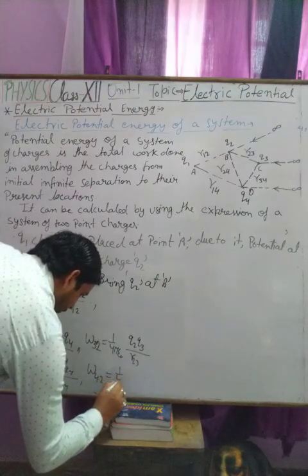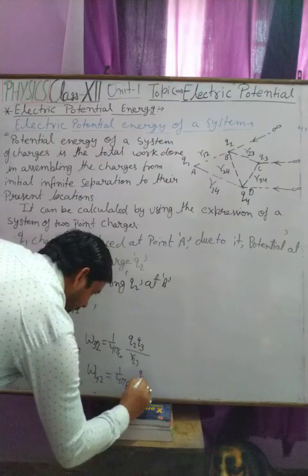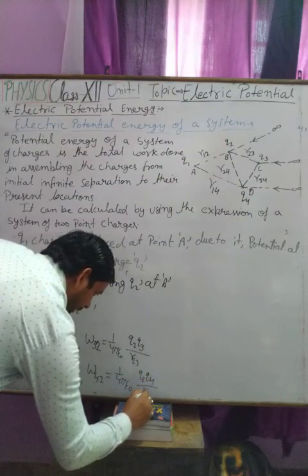It is 1 upon 4 pi epsilon naught q2 q4 upon r24.